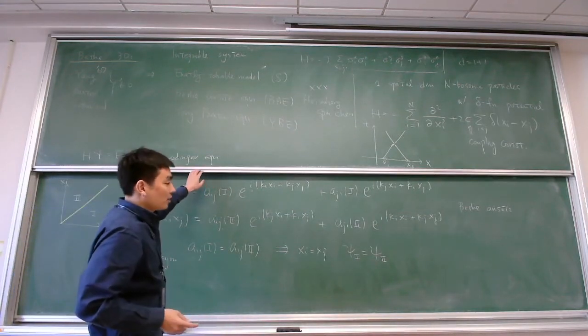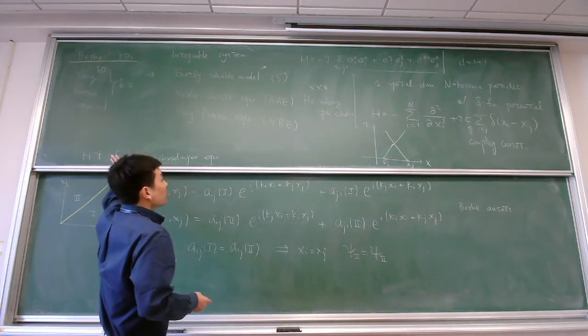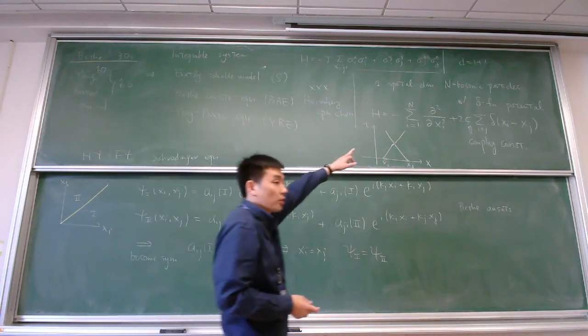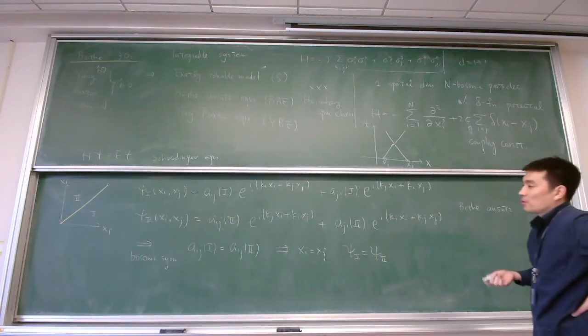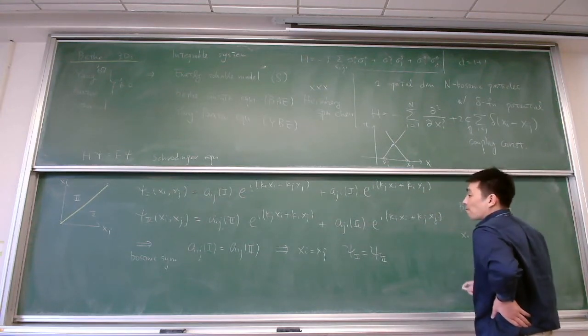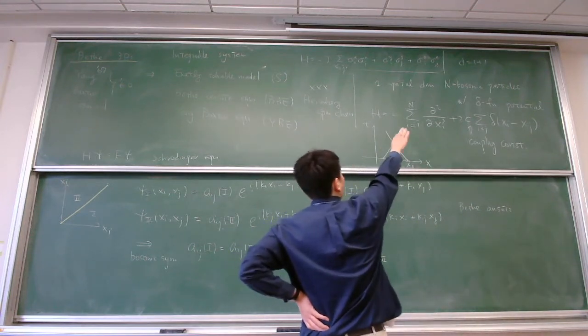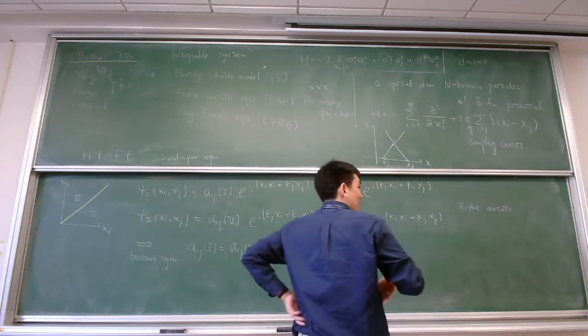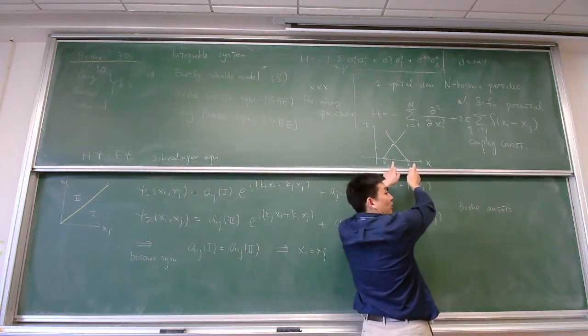Now, I'm not gonna go into detail, but now we try to solve this Schrodinger equation. To do that, maybe we can just introduce some coordinates. First we want to solve the n bosonic particle problem, but locally we just look at two adjacent particles.